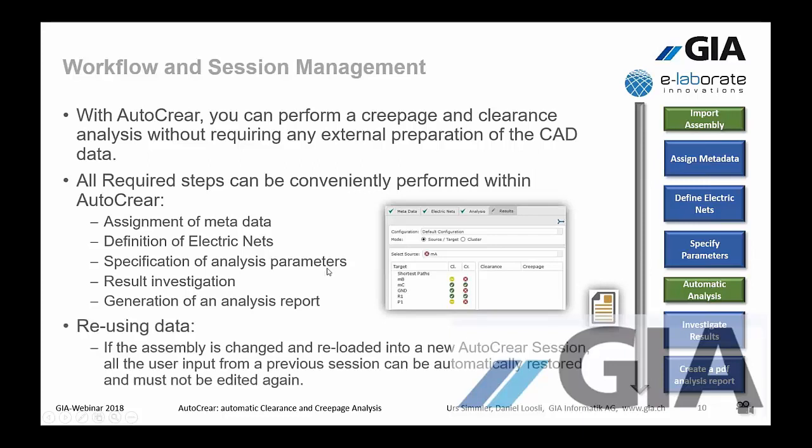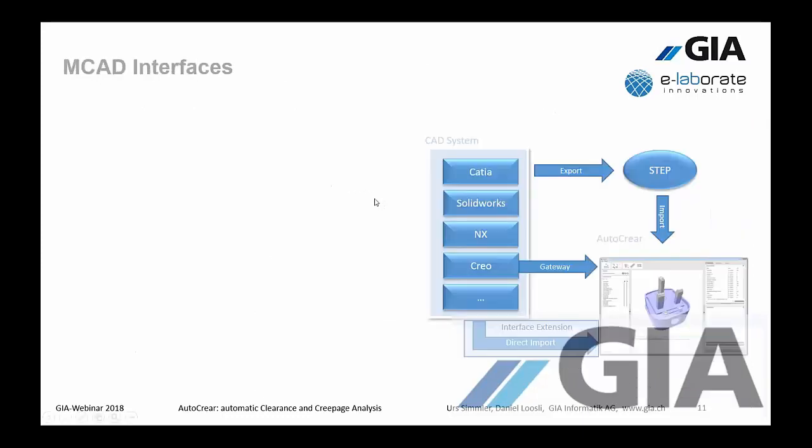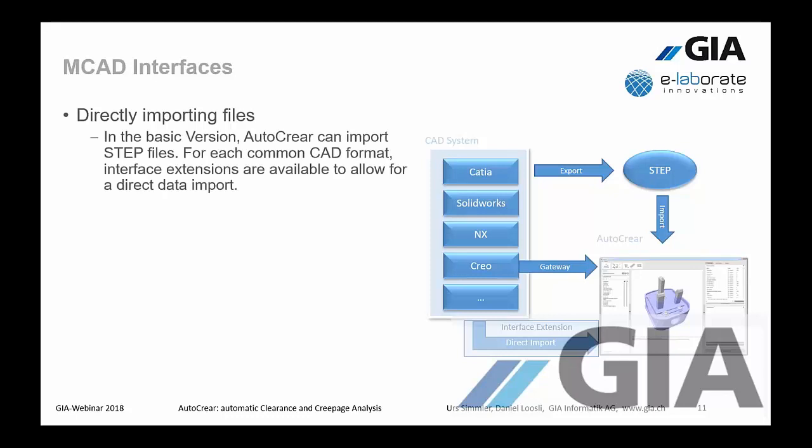And of course, if we have some changes in our CAD data, we'd like to reuse all, let's say, the definitions, and we'd like to reanalyze our components. Bringing the CAD data into AutoCrear, there are different ways to do that. By default, everybody gets, let's say, the STEP importer.